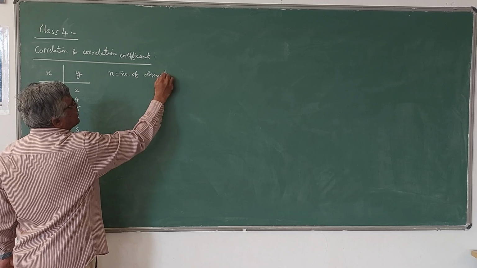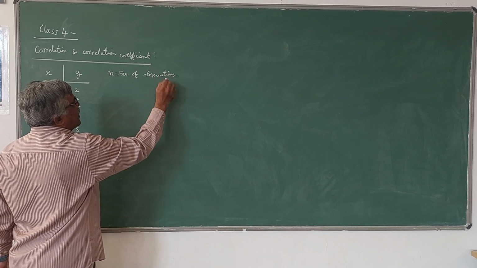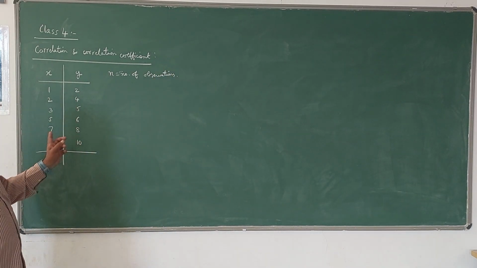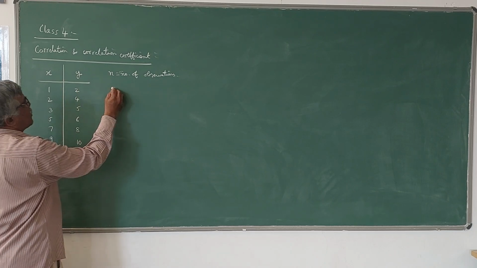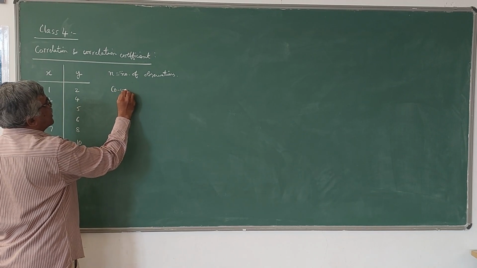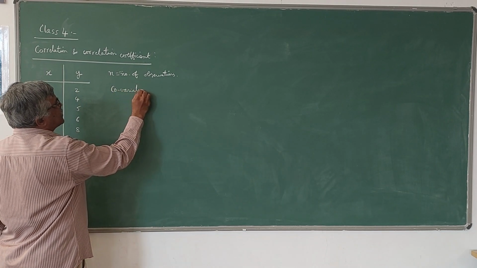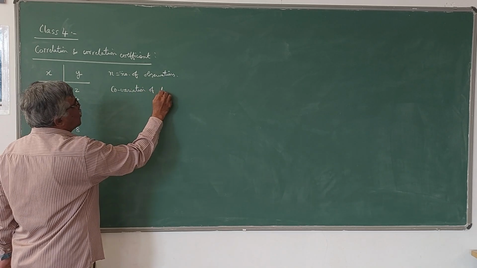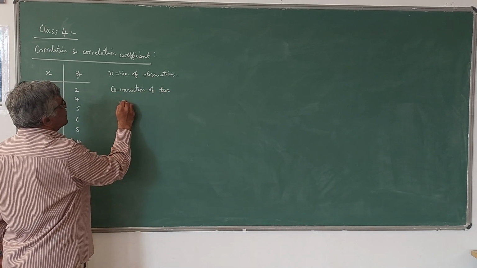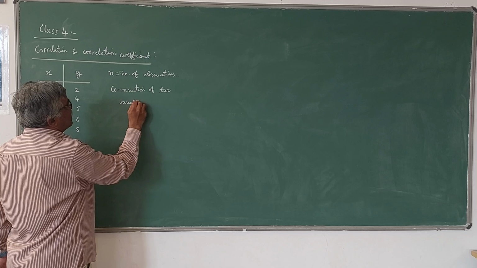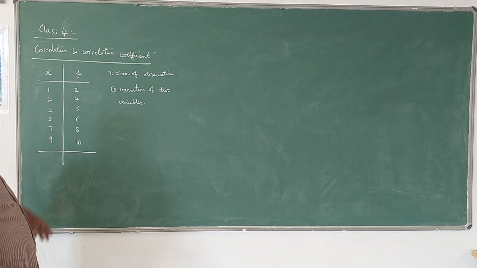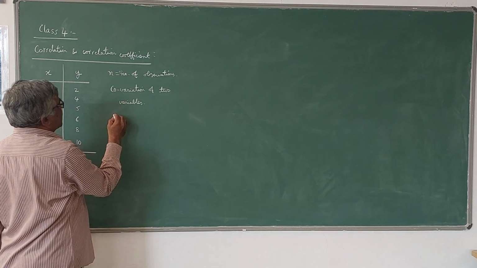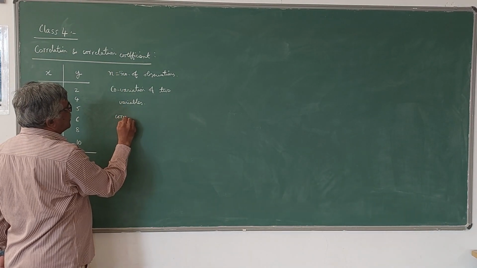So sometimes you may be asked to find a relationship between these two variables. So we can say that correlation is nothing but the covariation of two variables. And this covariation can be expressed in terms of a number which is called the correlation coefficient.